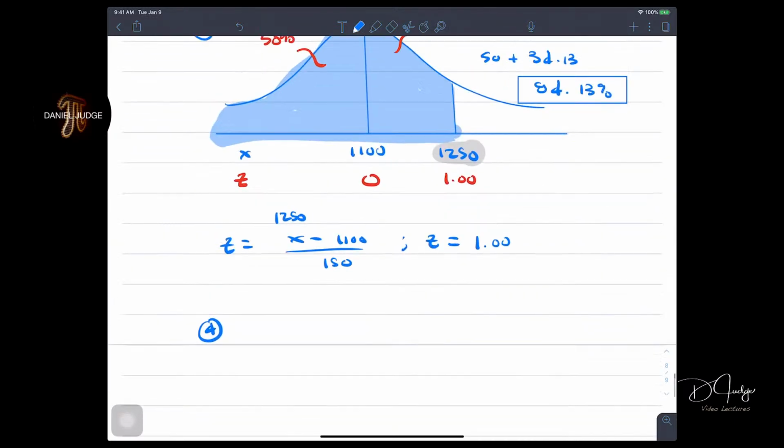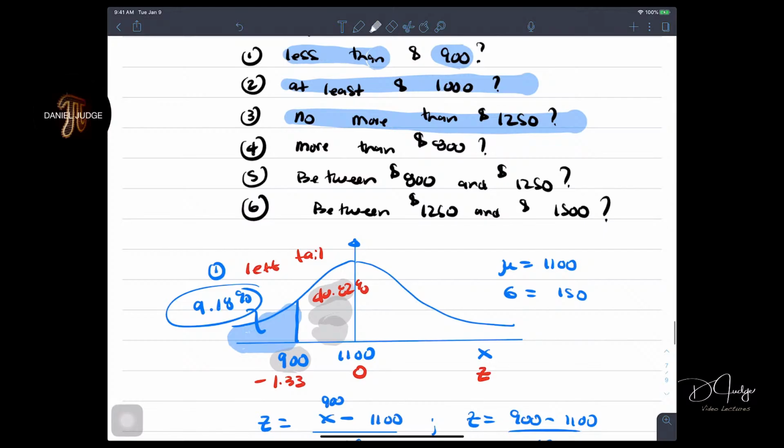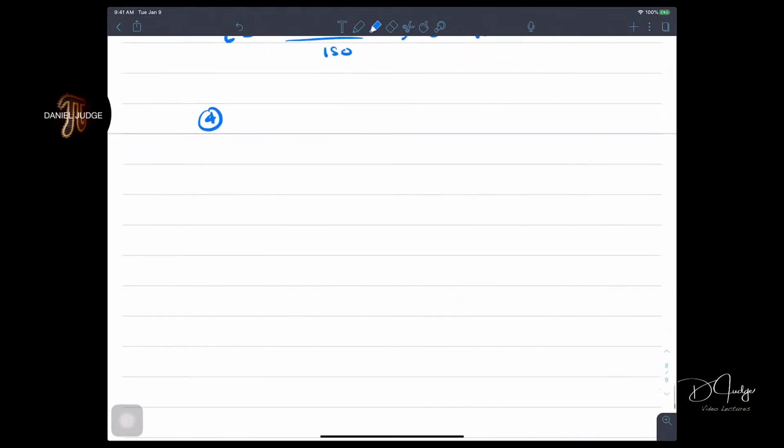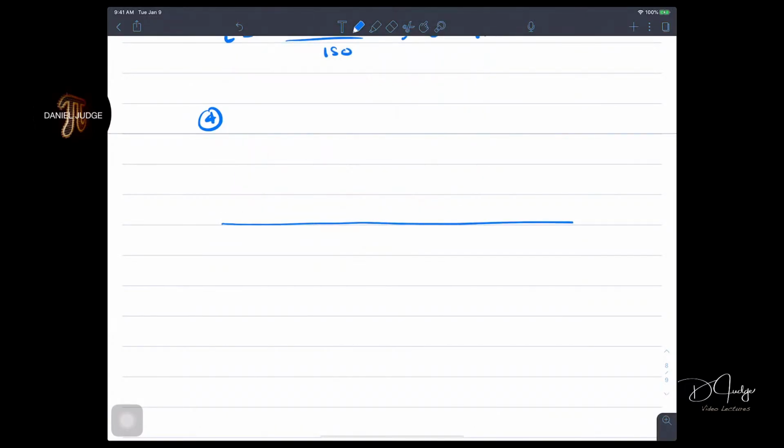Pretty good. Okay, number 4 now. They're talking about more than 800 now. So the incomes are more than 800. When we draw a picture of the question, here we go, more than 800.